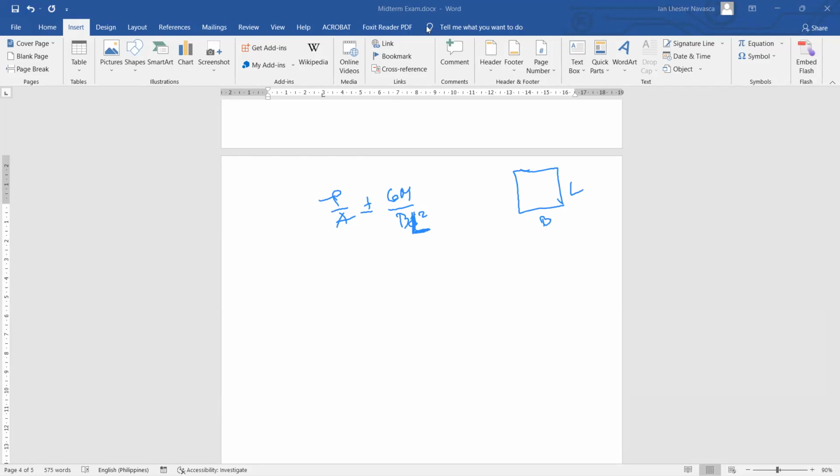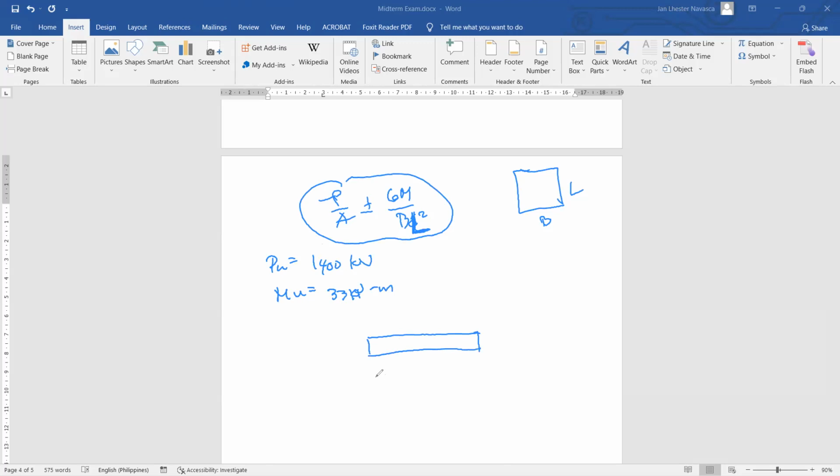PU comes from the load combination 1.4 and 1.7, which is 14 kilonewton, and your MU comes from the load combination 1.3 plus 1.1 plus 1.1. You have your 33 kilonewton meter. And if you solve for the soil pressure, this will be the soil pressure.